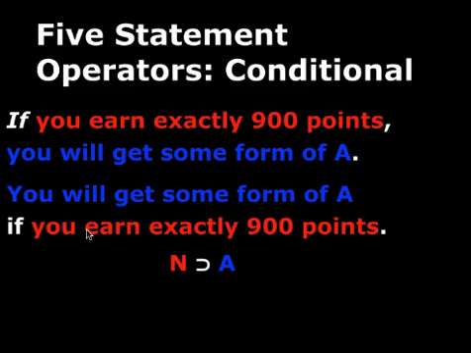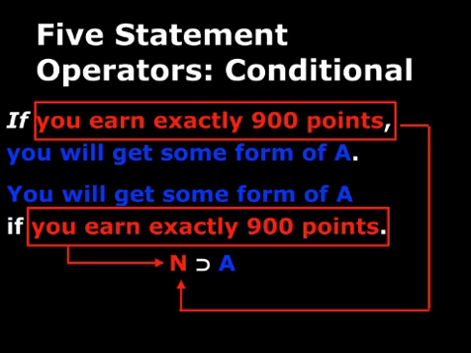So here's another way of putting this. By the way, let me just give you a little graphic thing here. In the logical notation, antecedents are always on the left. In English, though, they might come first or second.